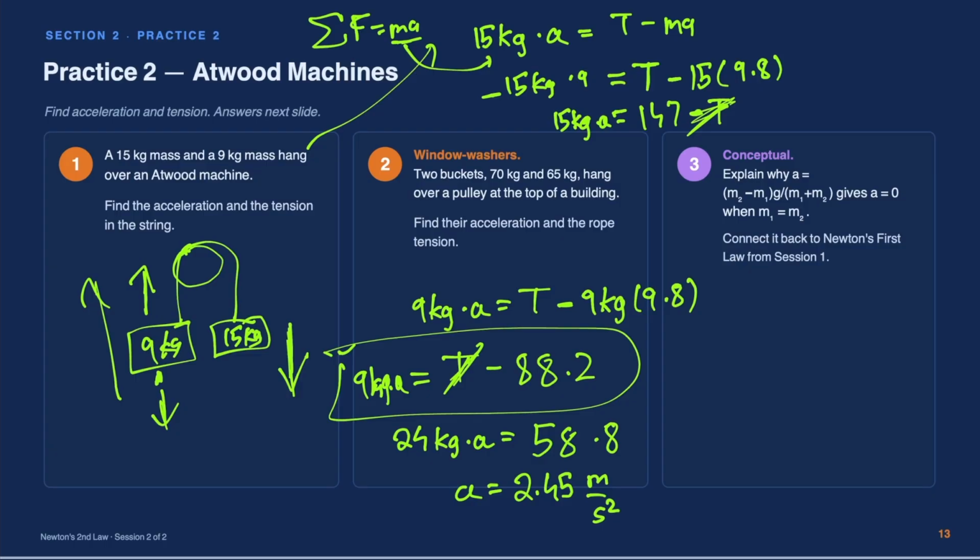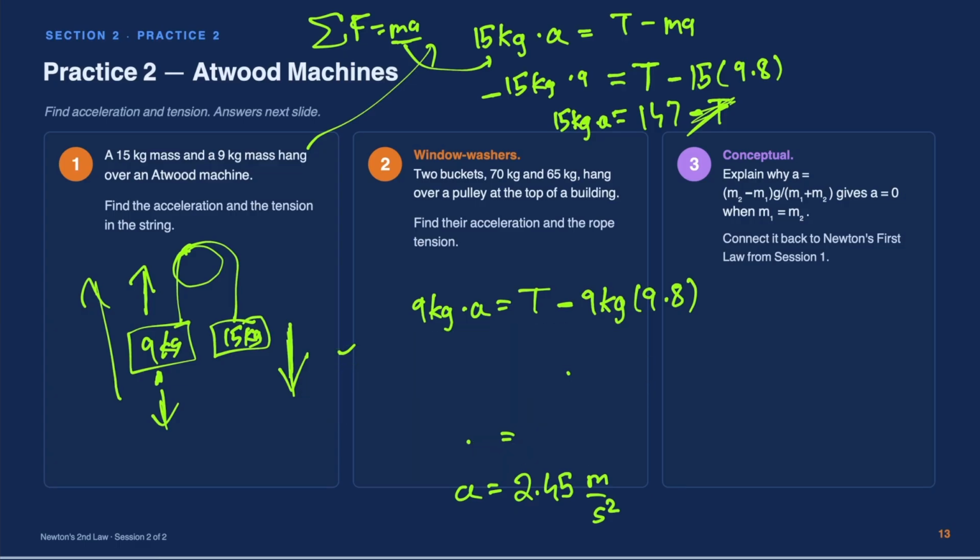And the tension in the string, you could just substitute this value in for any of them, right? So if I look back at this equation here, instead of acceleration, I could just plug in 9 kg times 2.45. And then to isolate tension, I could add this on both sides, plus 9 times 9.8.